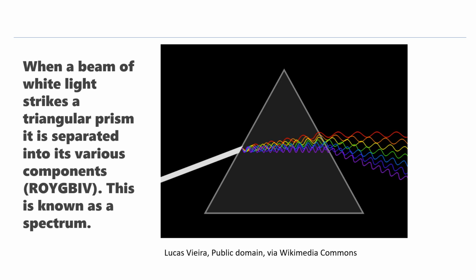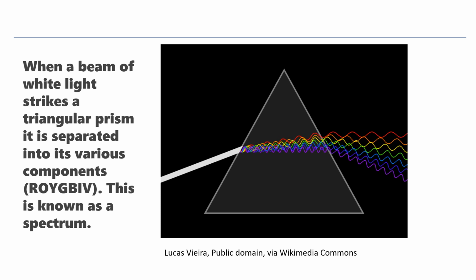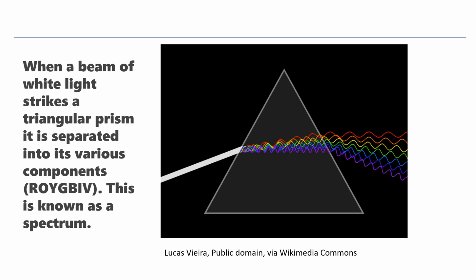This is a very popular experiment you carried out in your school days. If a beam of white light is passed through a prism, it is separated into various components.